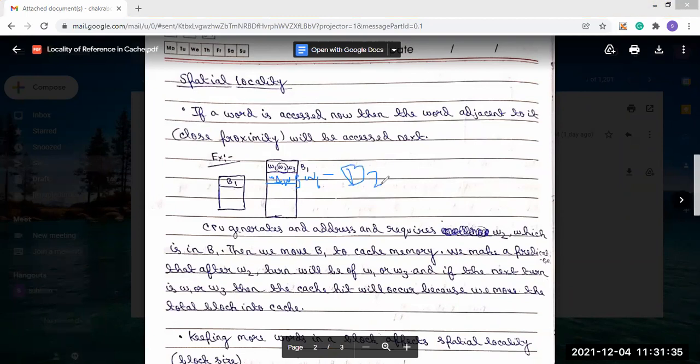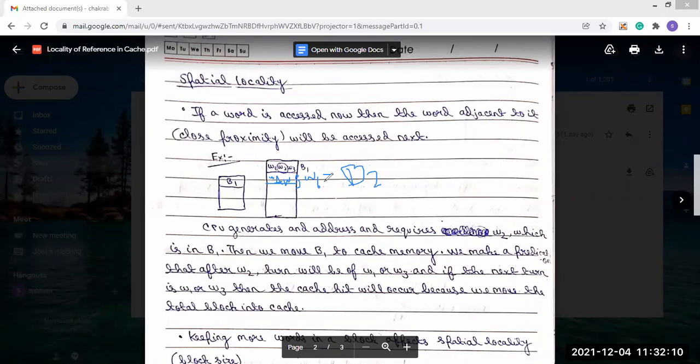But instead, if in block 1 we accommodate all the words, let's say block number 1 contains W1, W2, W3, W4, W5, W6, then when we transfer that block into the cache, the number of words increases. So this total number of words will be present in the cache now.